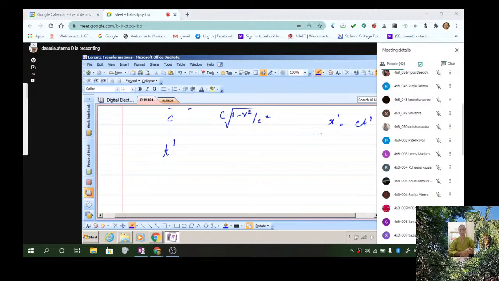So because of this relation, you can write t dash is equal to x dash by c.